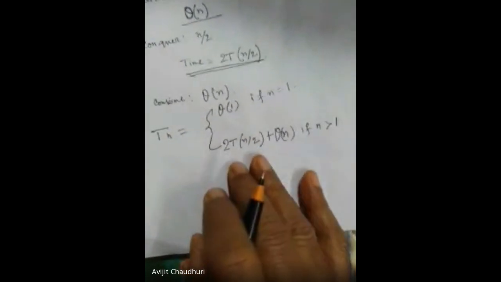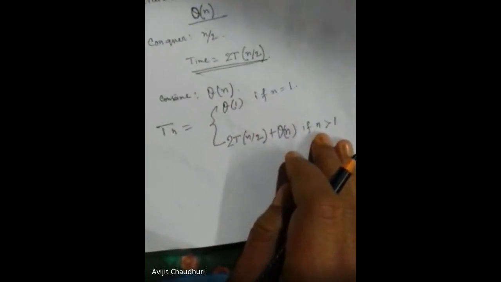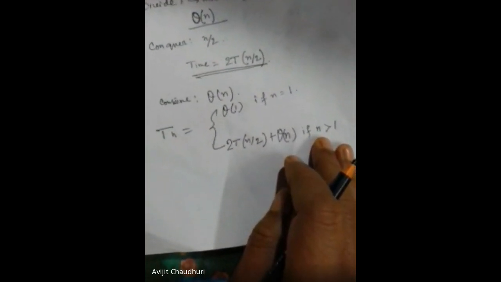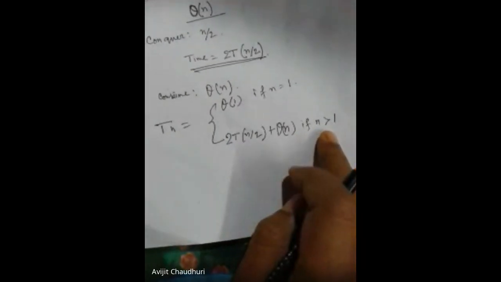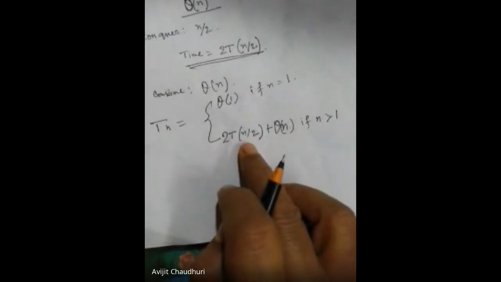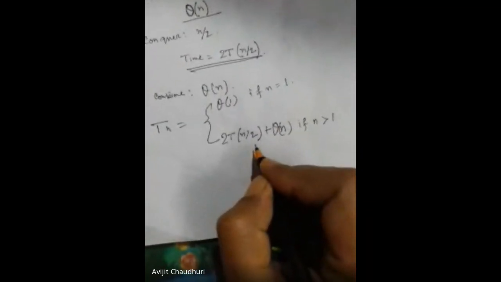Any confusion? If one element is there, then conquering is not required because there is only one element. If it is greater than 1, even if it is 2, we have to conquer these two and combine these two. So this is the time: 2T(n by 2) for two halves. For one half, n by 2 elements, T of n by 2.